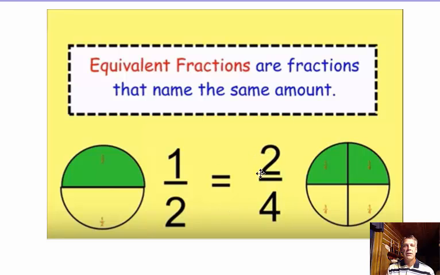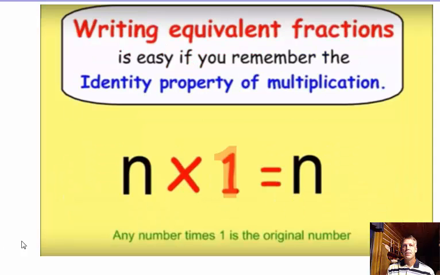How do I find these equivalent fractions that look different, but represent the same amount? A couple of things we've got to be able to do. When we want to write equivalent fractions, we've got to remember the identity property of multiplication. What is the identity property? And again, write this one down.